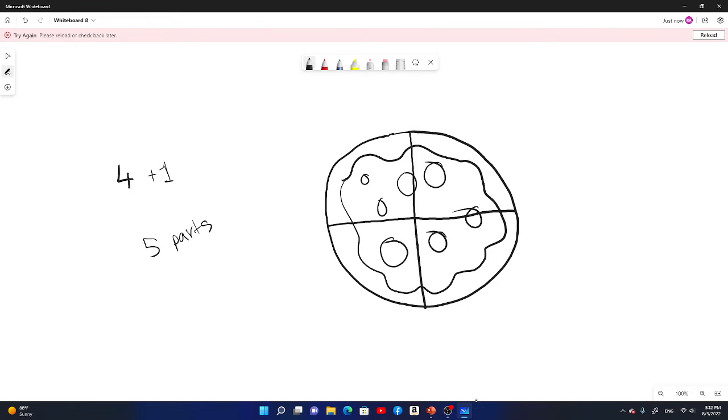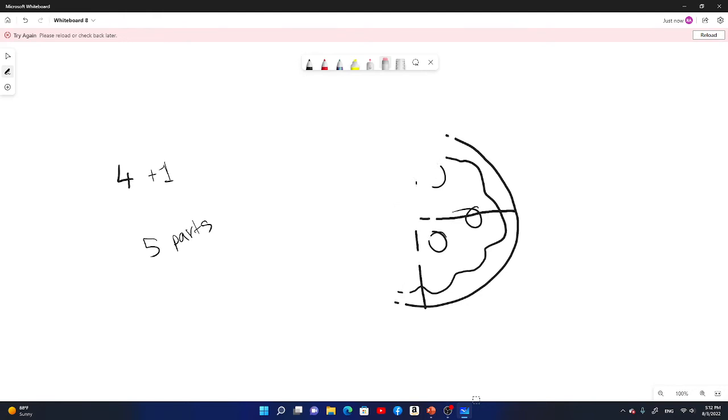Now it's harder with the circle, so let us just do it with a rectangle pizza. It's harder to do it with the circle. I'll just erase this.